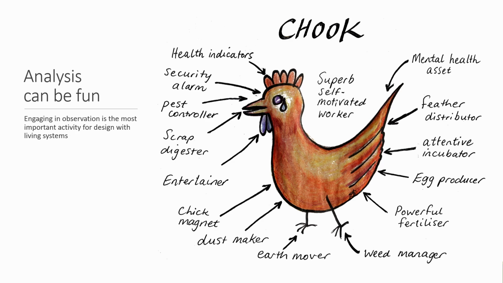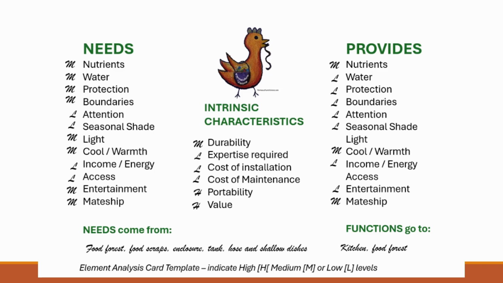The observation is the most important activity. We can look at a chicken and see all its anatomy. We can see its personality. We can look at its needs, and we can see what it provides. And we can also see how one chicken is different to another.